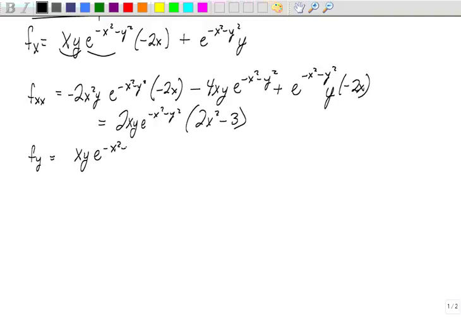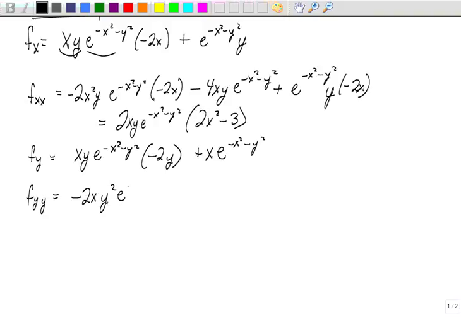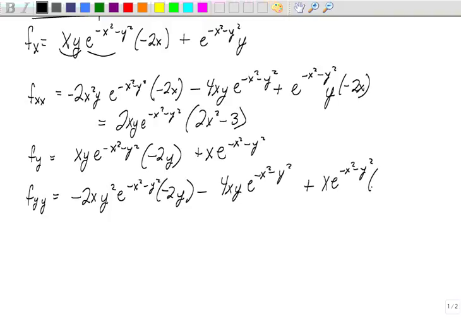I'm doing the same thing, the product rule. F sub y. Okay, that's the product rule with respect to y. And then the second is going to be this. The derivative of e is itself, then you come back and take the derivative of the exponent.